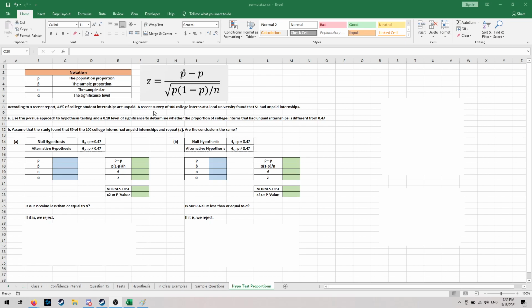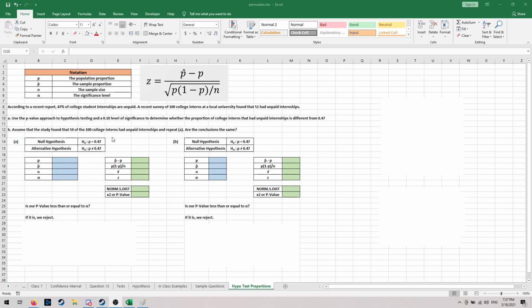But then we're told about a recent survey in which 100 college students were interviewed and 51 had unpaid internships. And now we want to know, is our original hypothesis of 47% correct? And we're going to use the p-value approach at a 0.10 significance level to determine whether the proportion of college interns that have unpaid internships is different from 0.47.